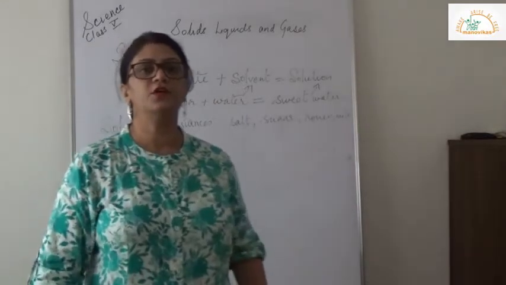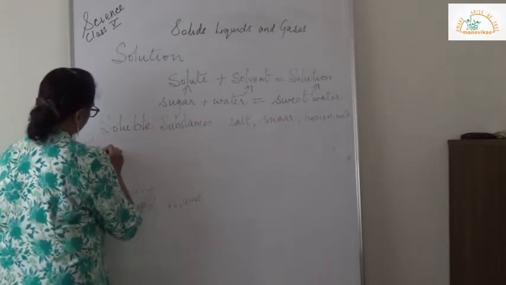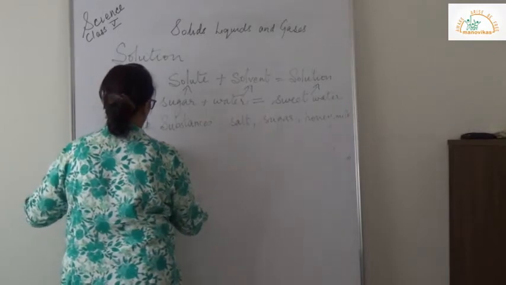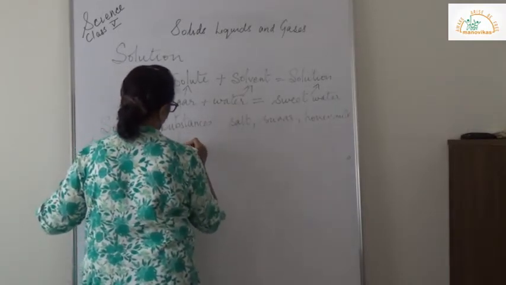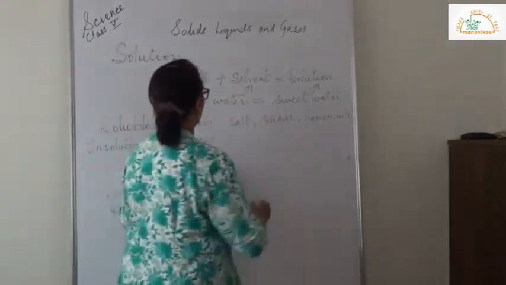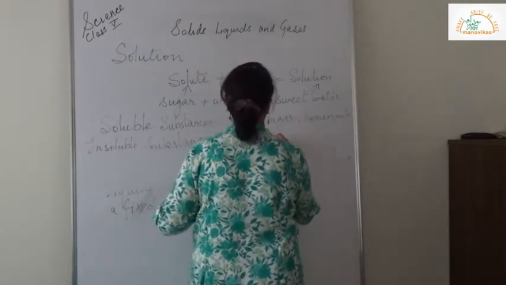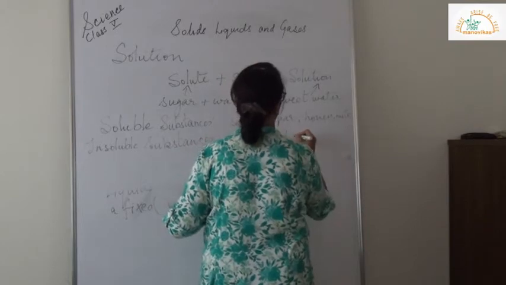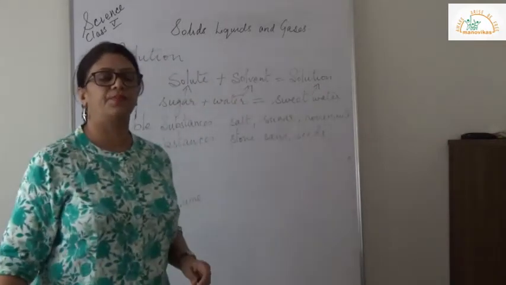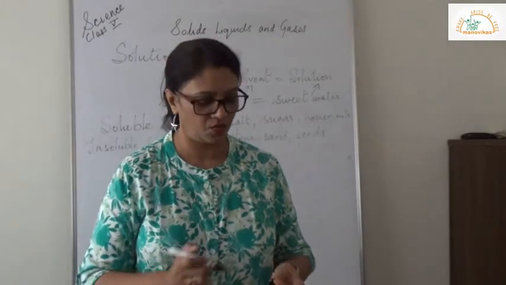These are examples of soluble substances. Insoluble substances are substances that do not dissolve in water, such as stone, sand, seeds. I have given some examples of soluble and insoluble substances in water.